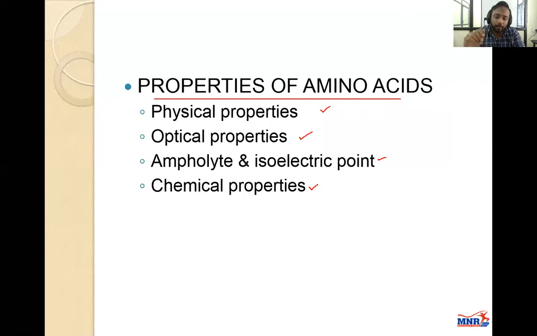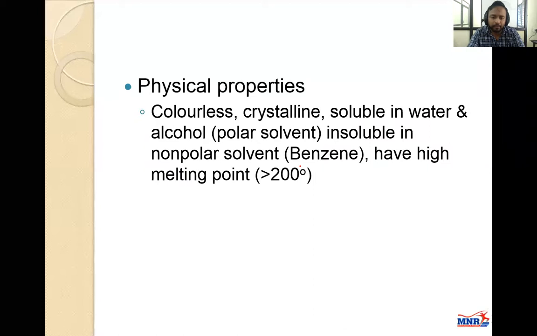We have seen how the amino acids are classified. Now we'll be seeing what their properties are. First, physical property. Routinely all amino acids are colorless in nature. They are crystalline, soluble in water, and polar solvents also. Like for example, some of the amino acids which are polar amino acids dissolve easily in water.